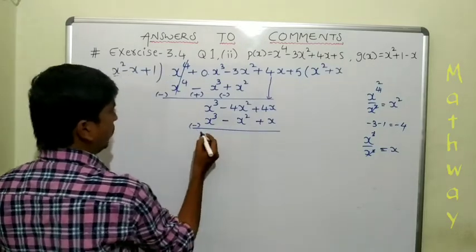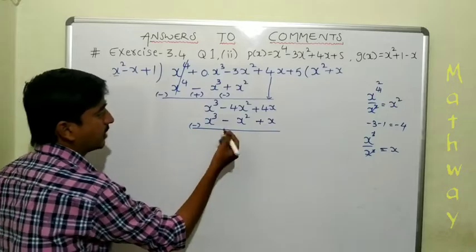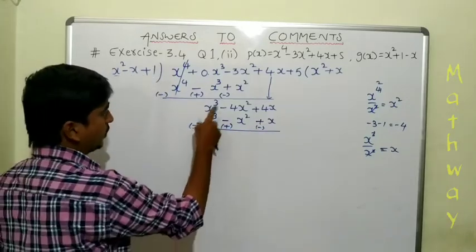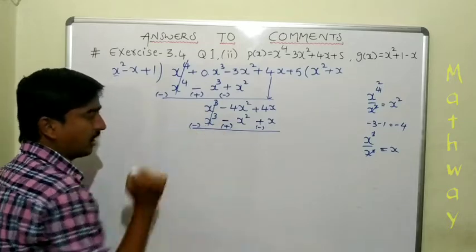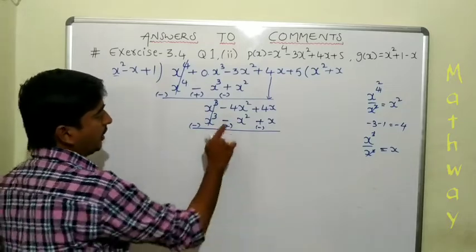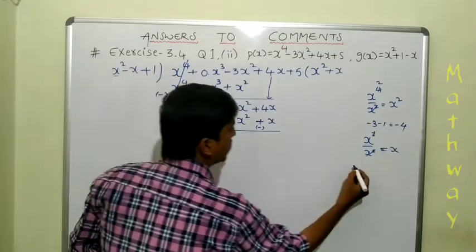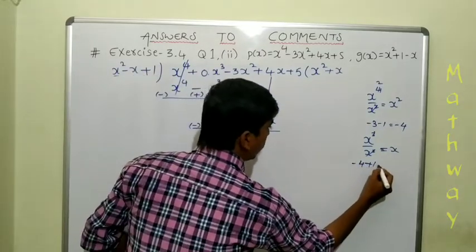Subtract these terms now. Plus becomes minus, minus becomes plus. x cube minus x cube directly gets cancelled. Then minus 4x square plus x square, it means minus 4 plus 1.